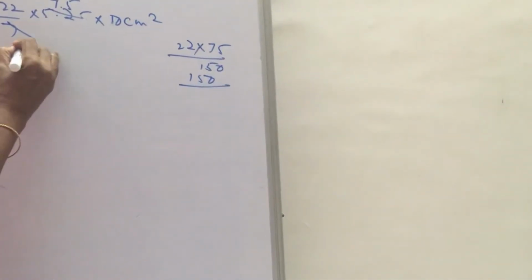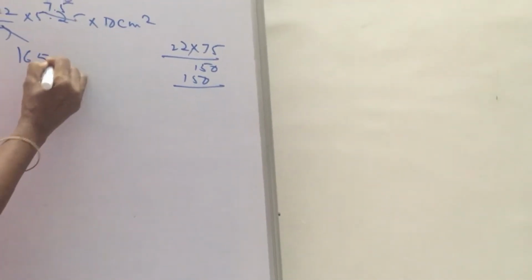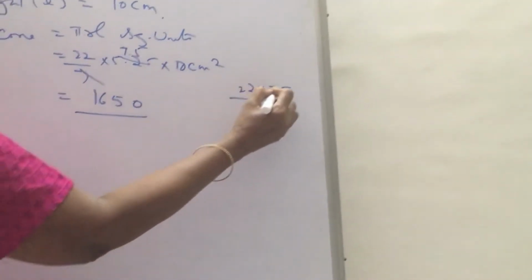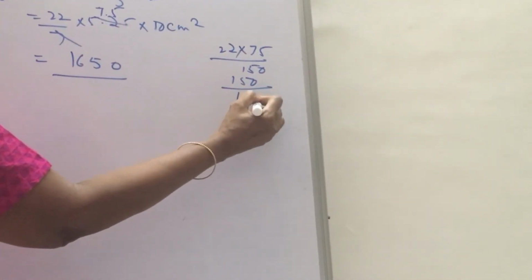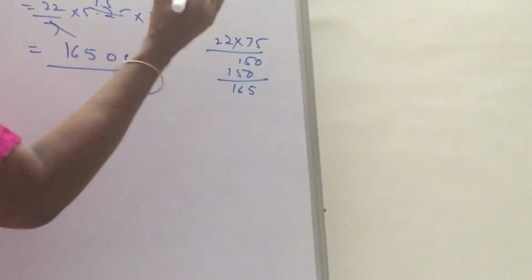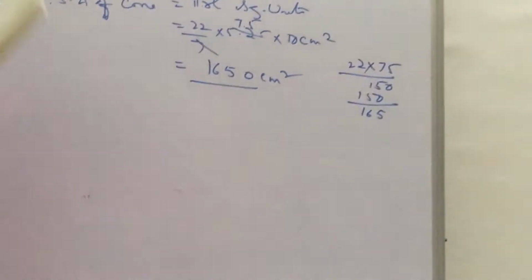That is equal to 1650 centimeter square is the CSA of the cone.